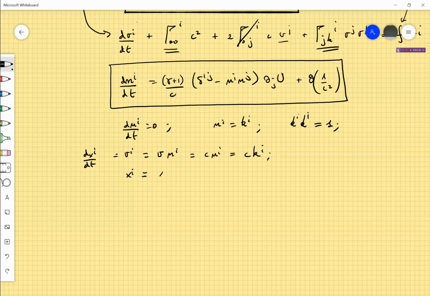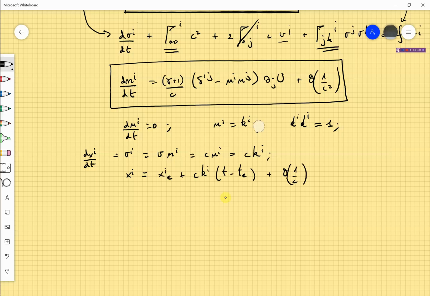Xi is nothing but a constant, the origin of this radiation of the light ray, so xi emission plus ki times (t minus t emission), plus terms of higher order, which here are of order 1 over c. This is the idea here.